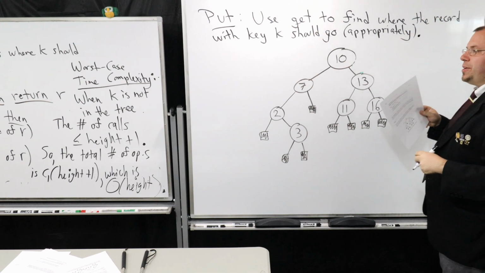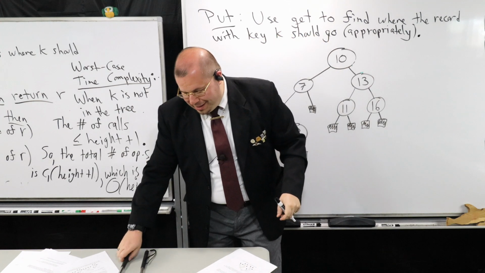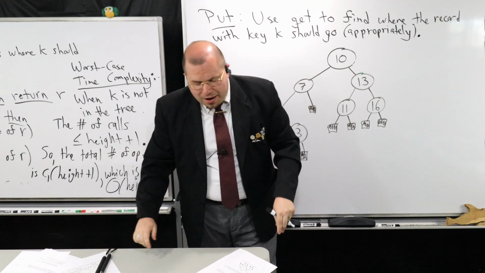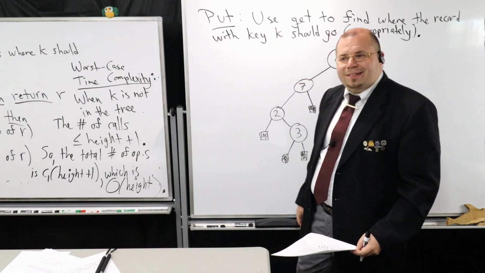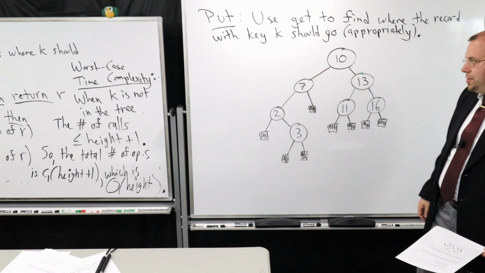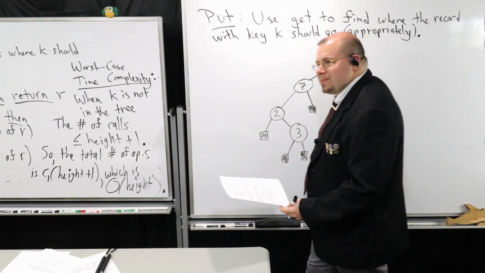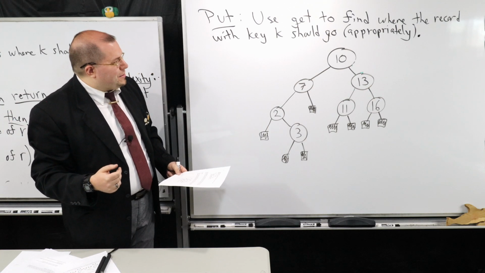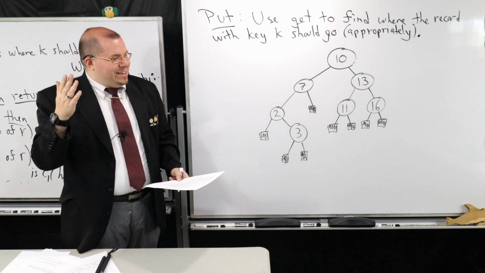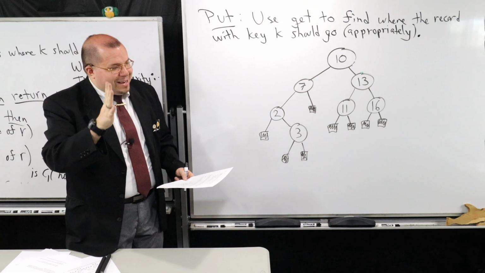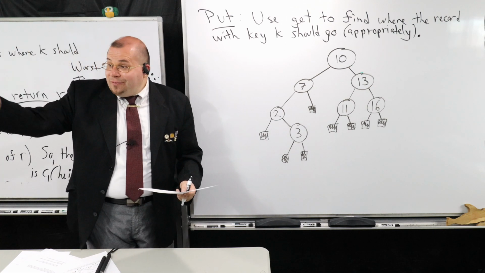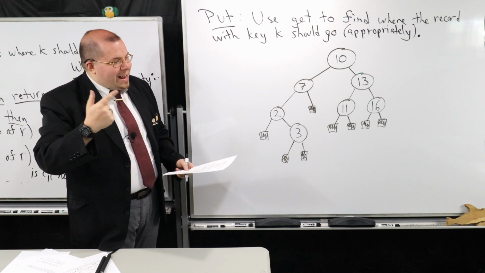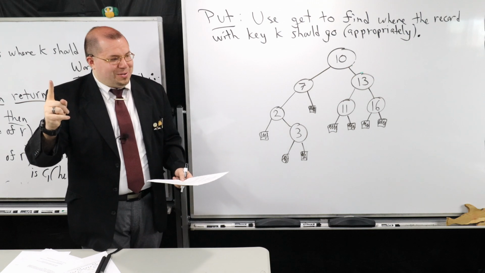So I have a question for you. You know when we did this whole going left, then going right process, when I found a record, was it at a leaf node or an internal node? It was an internal node. Yeah, exactly. So if I want a duplicate key checker, we have the ingredient. We know that if we get a duplicate key, it has to be when get gives us an internal node.